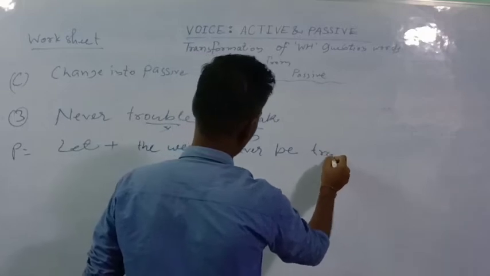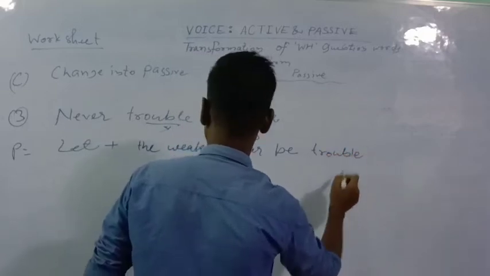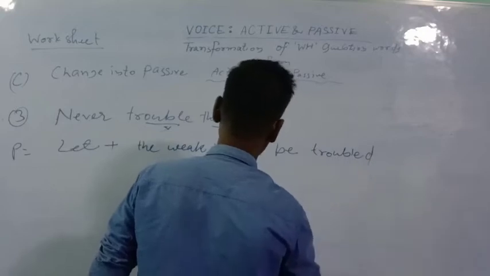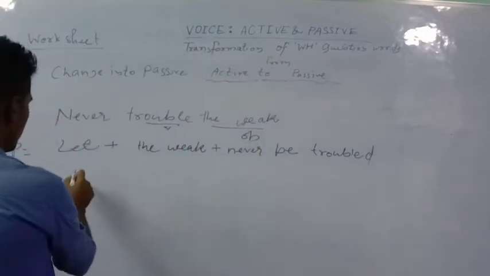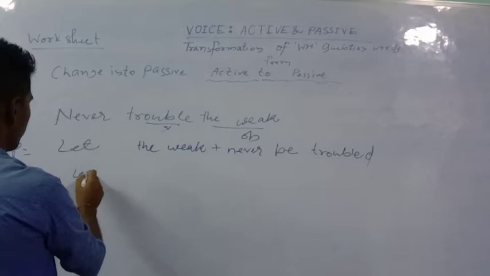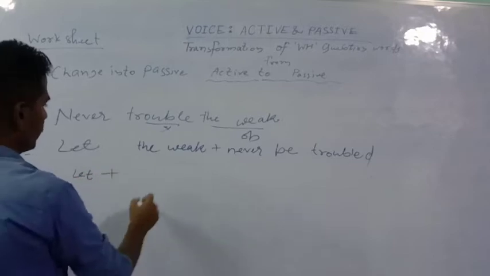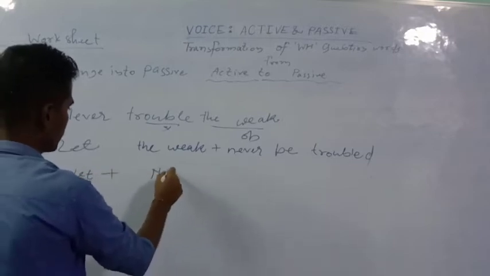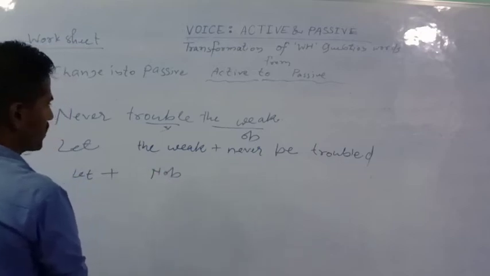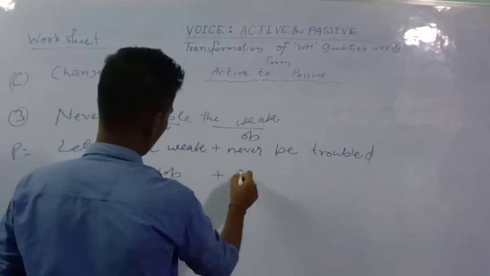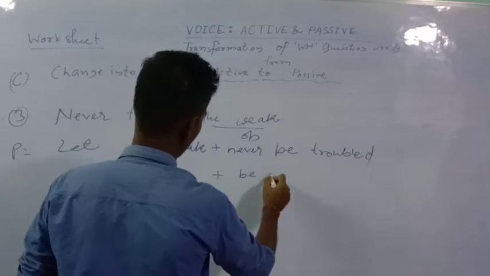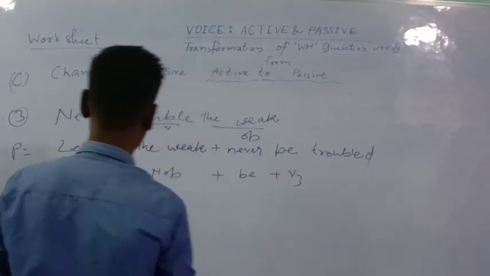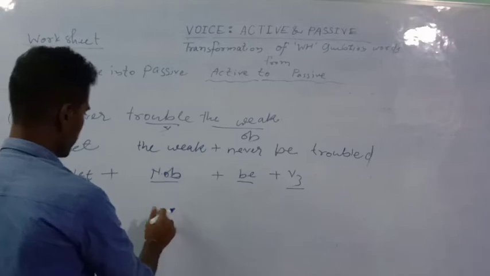Never be troubled. Let the week never be troubled. So first you got let, then you got the new object. Let plus new object, then we got the be verb, then we got v3. Getting me?